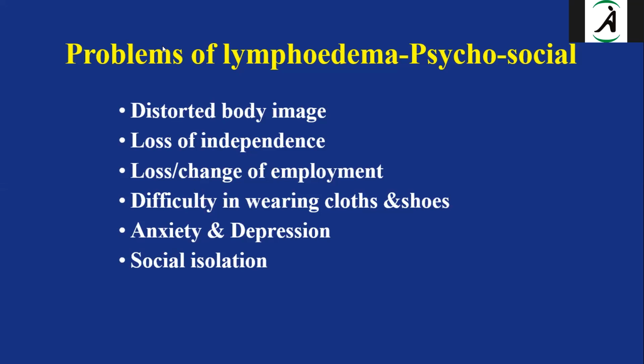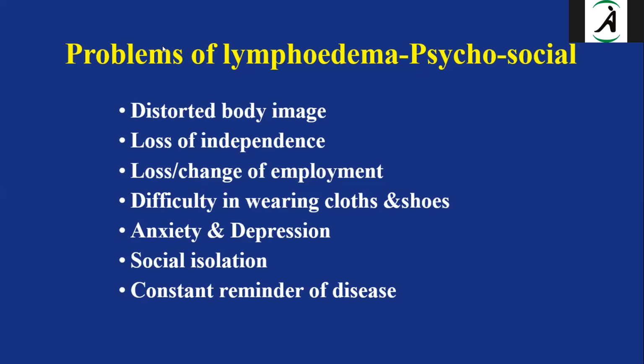So the patient or the society might think that the cancer is spreading to the limbs too. That type of thinking will be there, so society will isolate this type of patient.